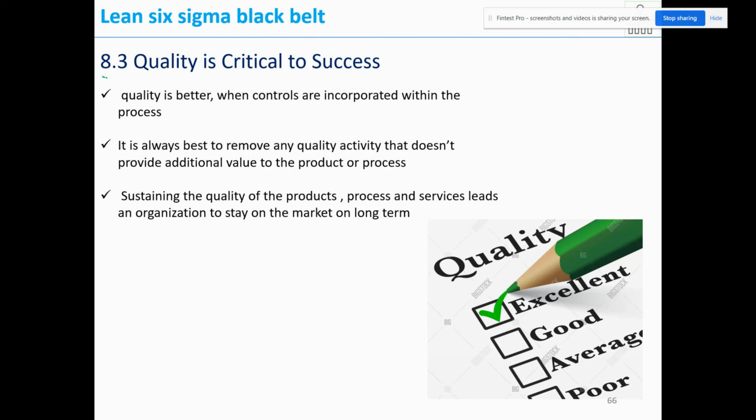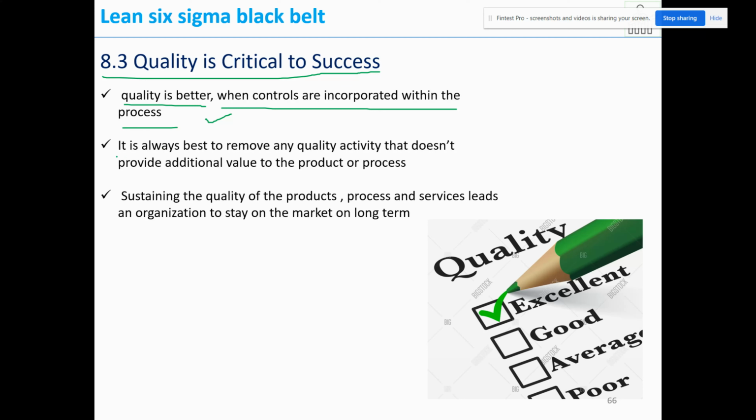So next, quality is critical to success. Quality is better when controls are incorporated within the process. So when will quality be better? When everyone is following the system, when there are controls incorporated, when there are controls in the machines as well as in the process, therefore the quality we can expect in a good condition.